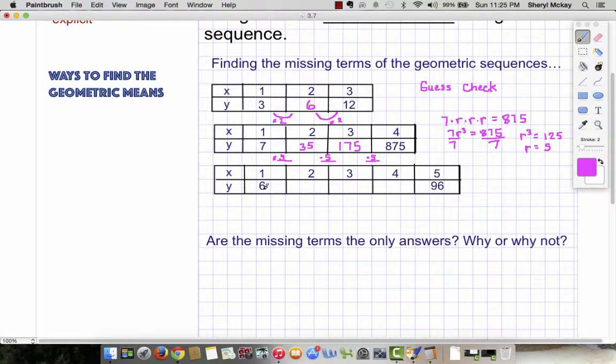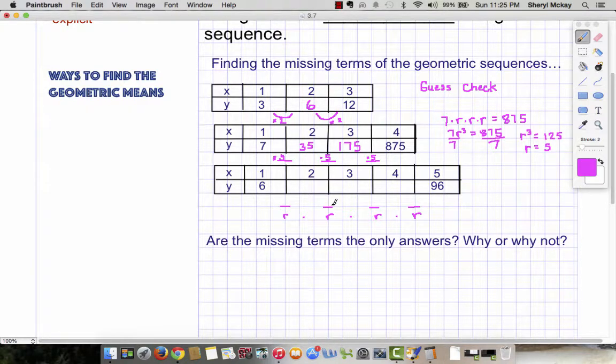We started with 6 and we end up with 96. So what would you do first? Maybe you would figure out how many constant ratios you are going to need to multiply by. So think of these as r's. R times R times R times R, right? So that's r to the 4th.